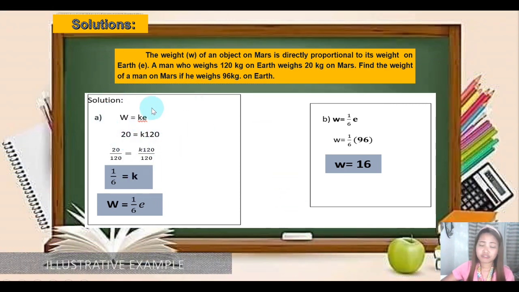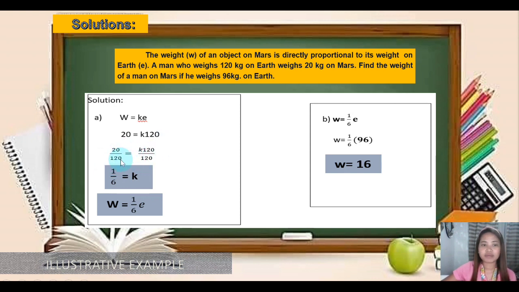Okay, so you need to follow the formula, where W pertains to the weight on Mars and E is for the weight on Earth. The value of W is 20, then our E is 120. The first thing we need to do is find the value of K, or the variation constant. Next, divide both sides by 120 in order to cancel out this one.